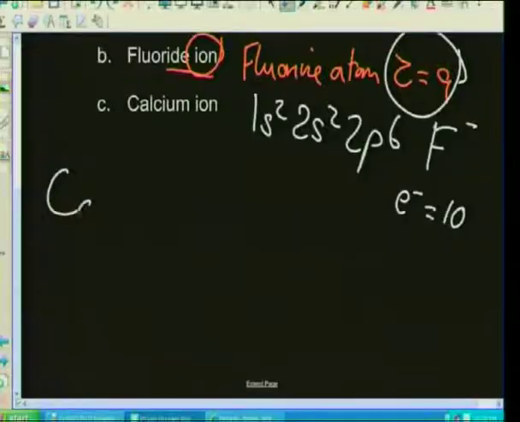Now what about calcium? Calcium is number 20 on the periodic table. So let's have a look quickly at number 20. It's 20 electrons, calcium atom.